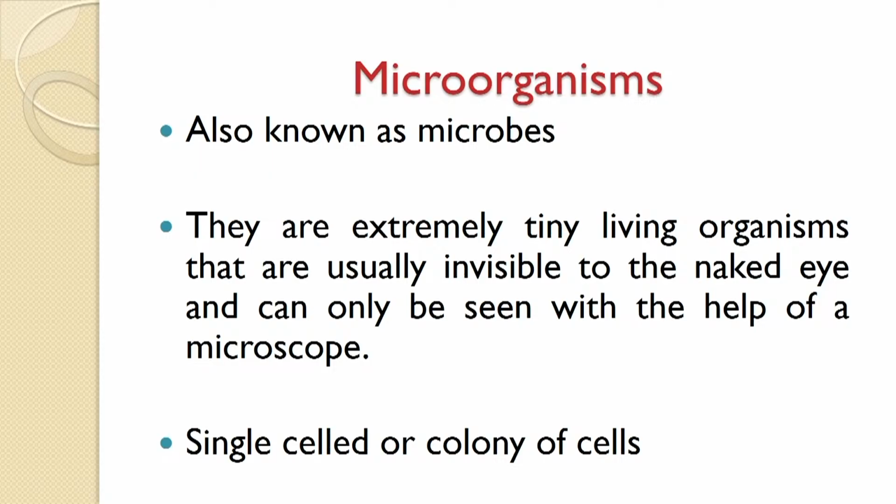These microorganisms can live freely, or in association with other microorganisms. Based on their number of cells, they may be single-celled, or there may be a colony of cells. They can also be prokaryotic microorganisms, and there are eukaryotic microorganisms too.